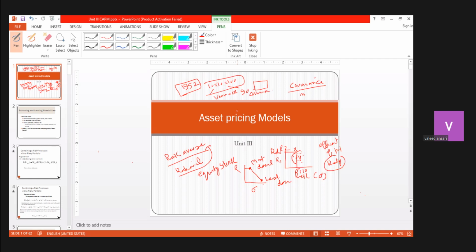That led to a distinction between two types of risk. Total risk of any portfolio is measured by SD or variance. And here two types of risk came to be classified.